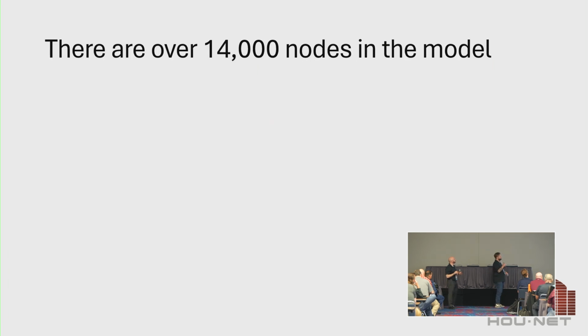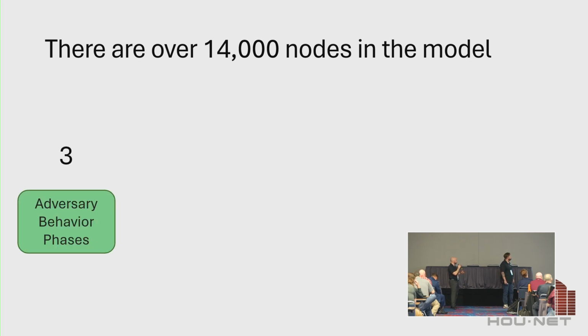It's the best part. So to give you a sense of scale for the model, there are a total of over 14,000 nodes that we've built into this model over the course of 27 historical case studies of cyber attacks that affected OT systems. The first type of node we have are the adversary behavior nodes, which I already mentioned.